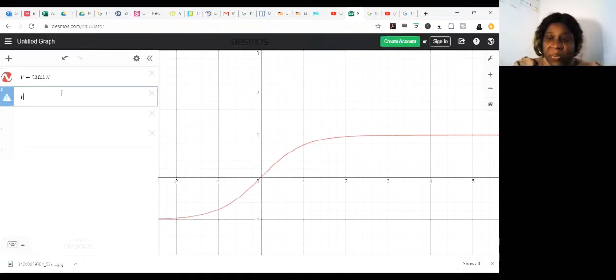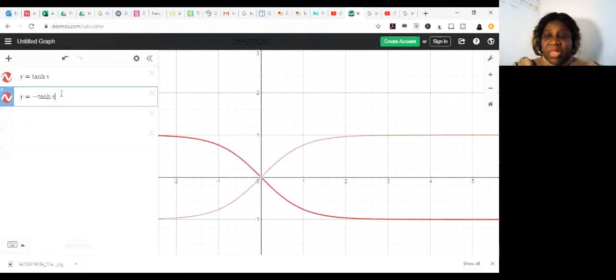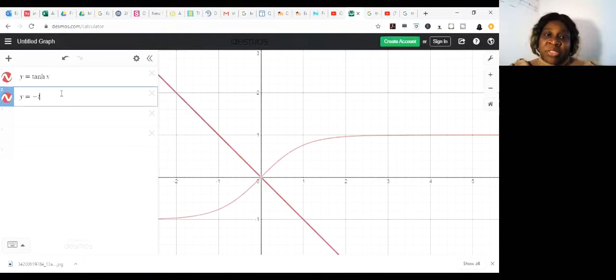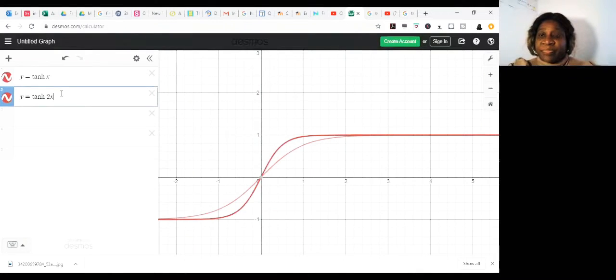Okay, y is equal to minus tan x. Yeah, that would just be in the opposite direction, the same graph but inverted. How about y is equal to tan 2x?